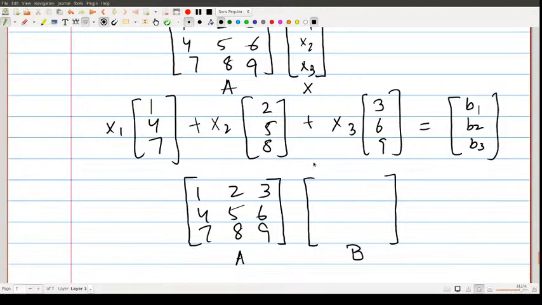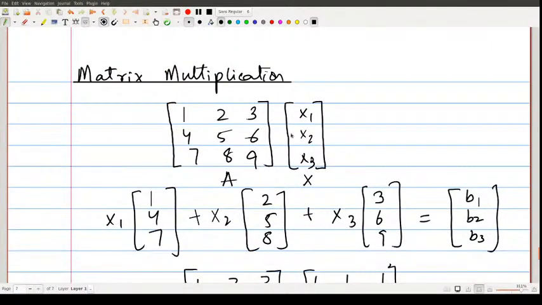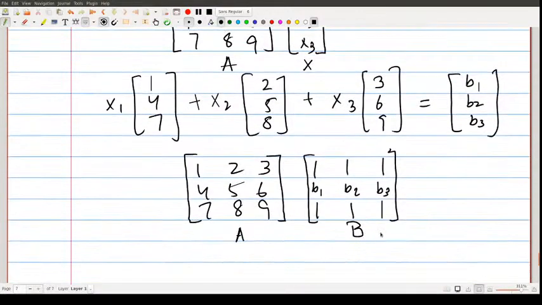So this is column 1, column 2, column 3; I'm going to call these the columns of B. Now, instead of looking at this as matrix multiplication, we can view it from the lens of matrix vector multiplication if we separate the columns of matrix B. If I just consider this column, then this matrix times this column is just a linear combination of the columns of A given by the entries of B1.